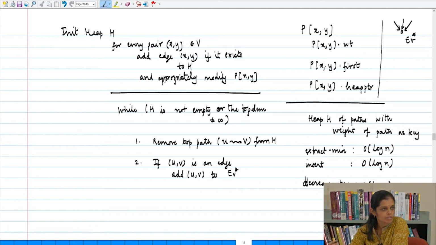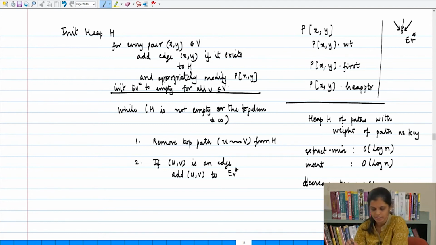To begin with, what should E_v star be initialized to? Empty, because we do not have any optimal edge discovered, and as we go along we are going to discover these optimal edges and populate E_v star. So somewhere I should say: initialize E_v star to empty for all v.